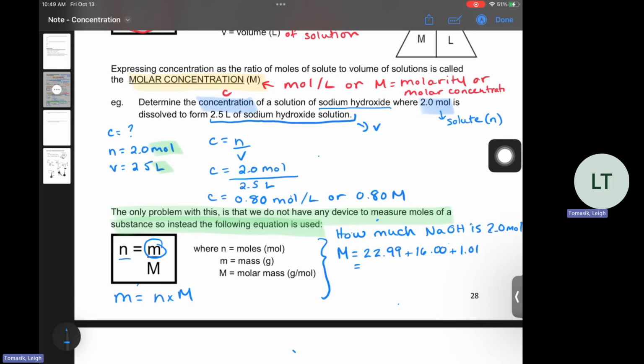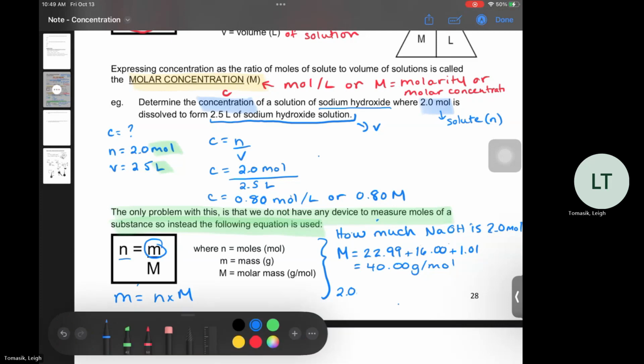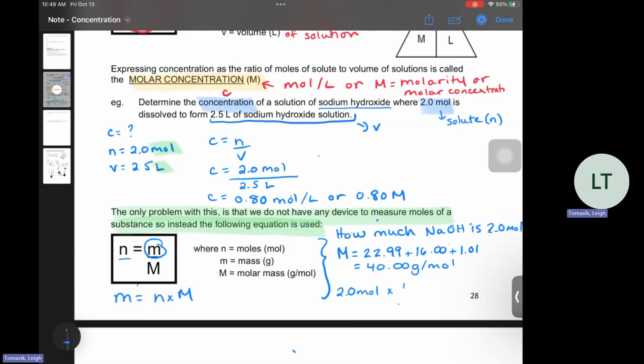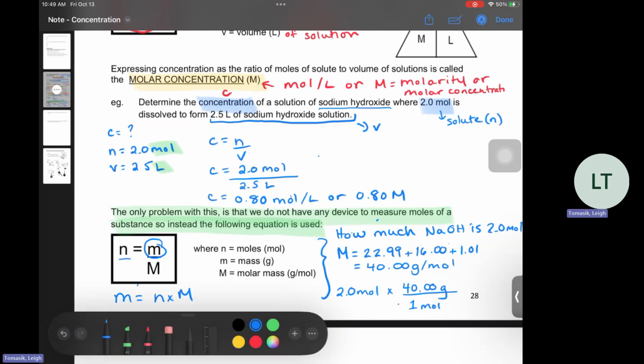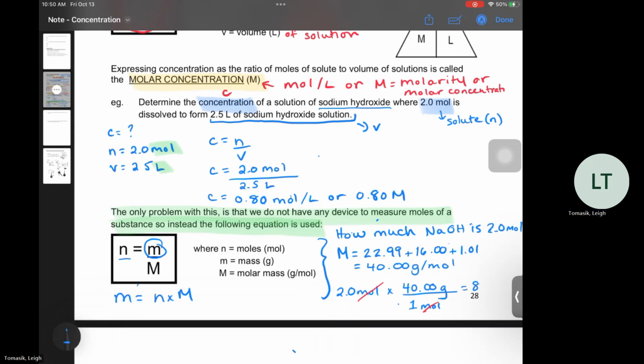If I add those together, I get 40.00 grams per mole. Then we multiply 2.0 moles times 40.00 grams per mole, the moles unit cancels out, and we get 80 grams.